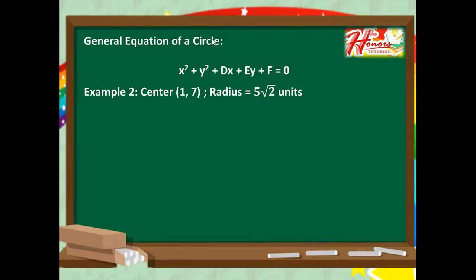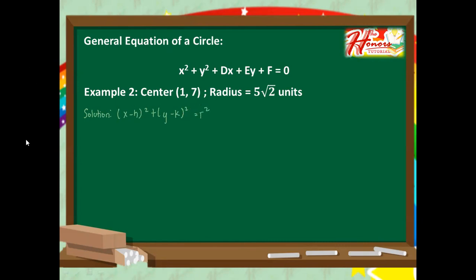The first thing that we have to do is to write this in standard form. Let me just write the solution here. Remember that our standard form is the quantity of x minus h squared plus the quantity of y minus k squared is equal to r squared.